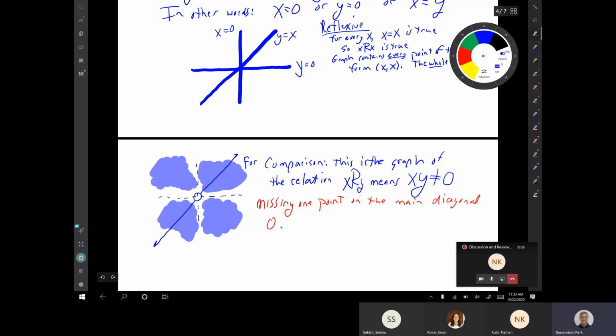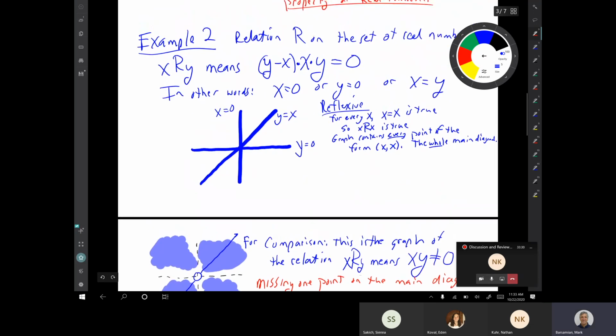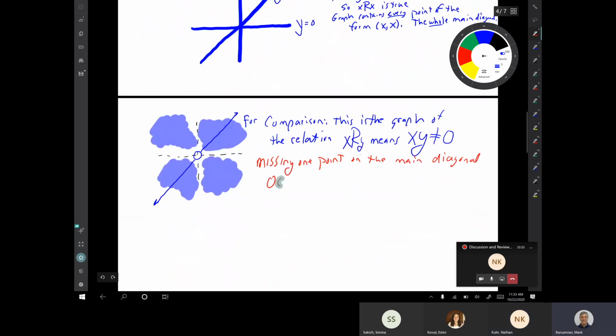So 0 is not related to 0, and it's kind of a tongue twister. It's because 0 times 0 is not equal to 0 is false. 0 times 0 equals 0. And so since it's missing one point on the diagonal, this relation is not reflexive.